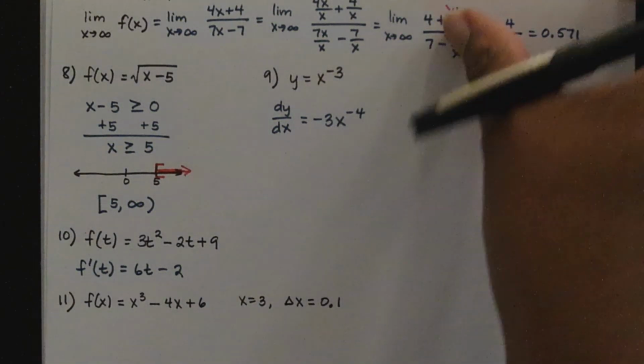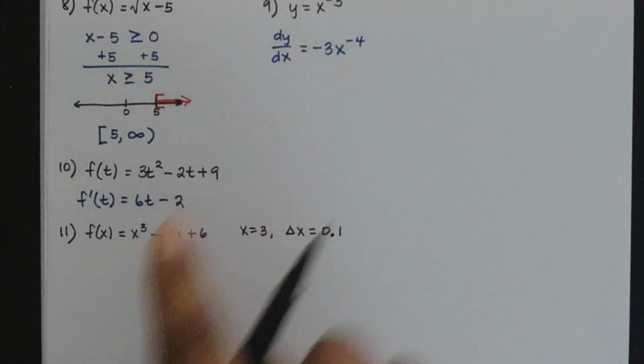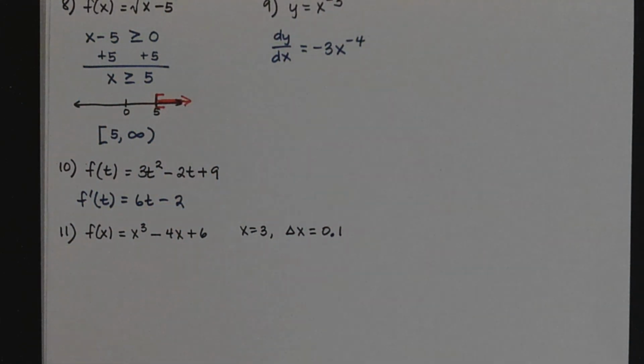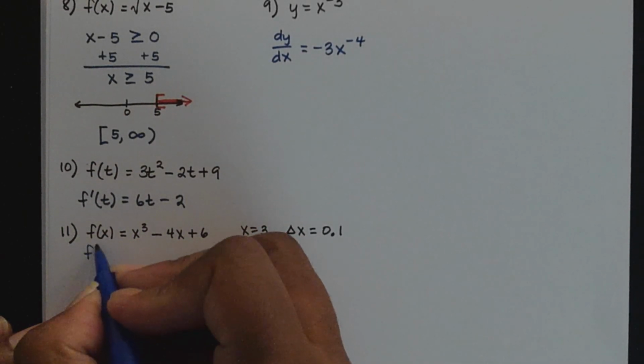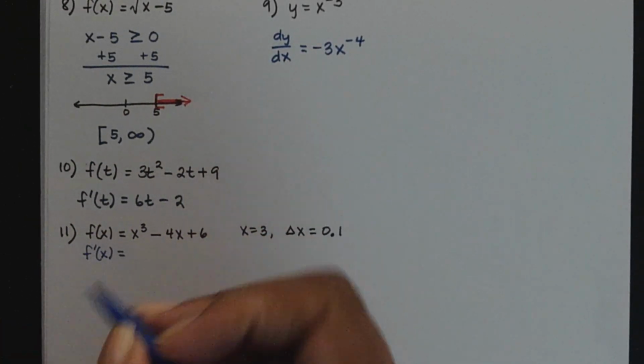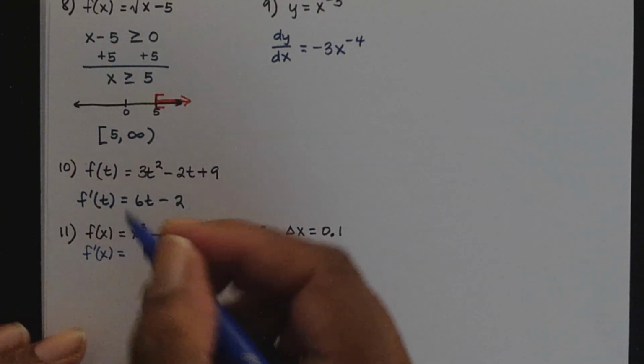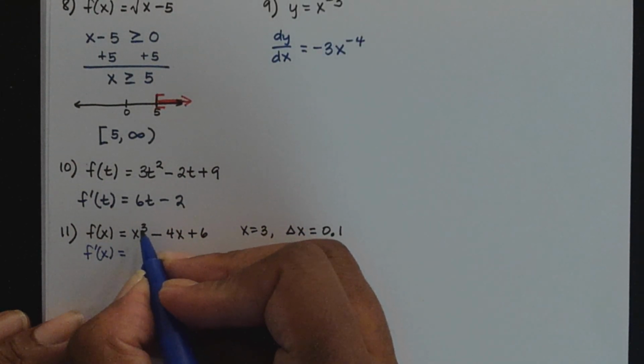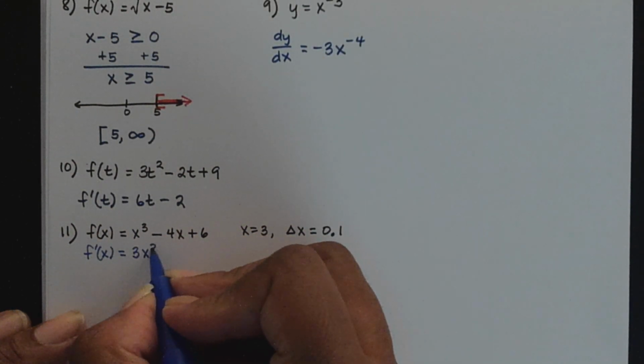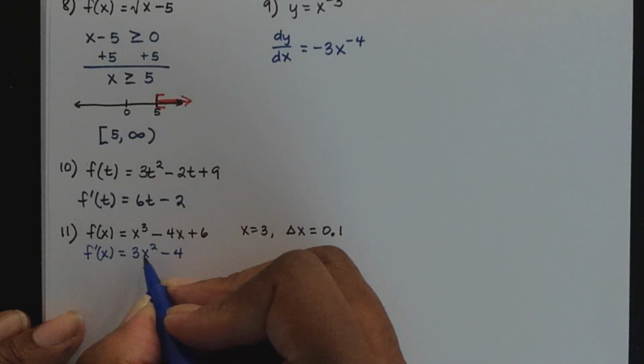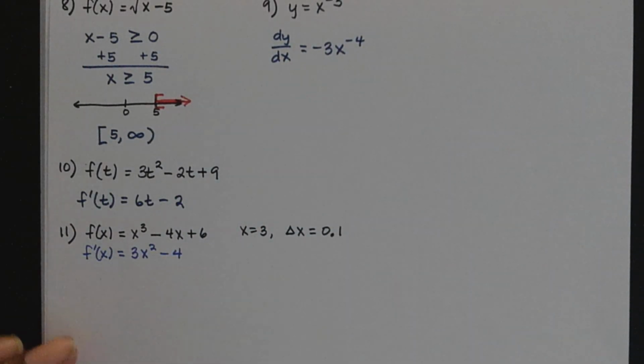All right, let's first get the derivative of this, or f prime of x. So what would f prime of x be here? 3x squared minus 4. Bring the power down, copy the x over to the 1 less power, and then minus 4, and the derivative of 6 is 0 since it's a constant.